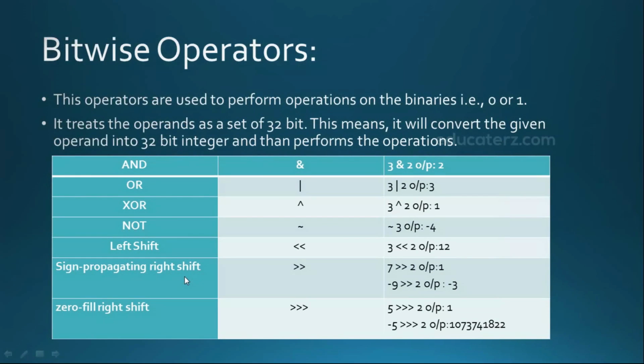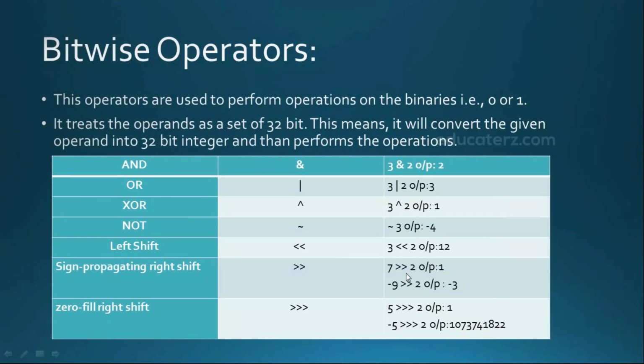Here this operator can be used when you want to shift the value to the right. Like let's say I want to right shift the value 7 2 times to the right.